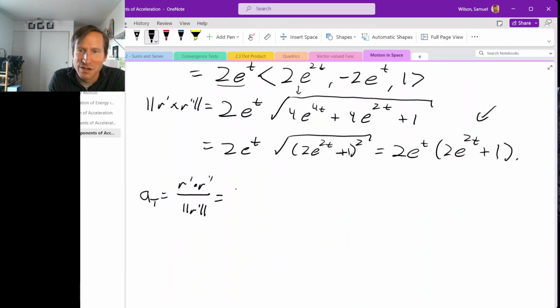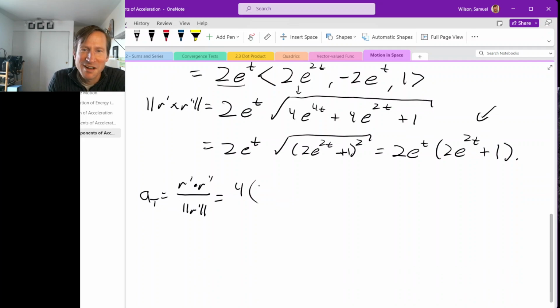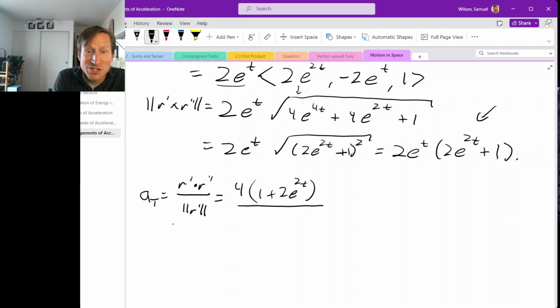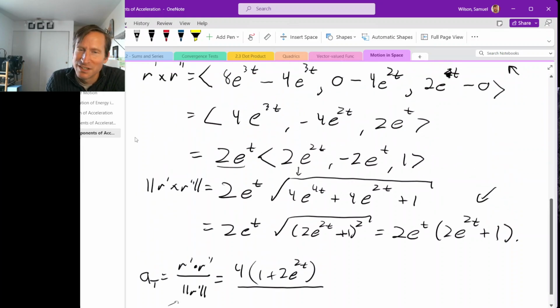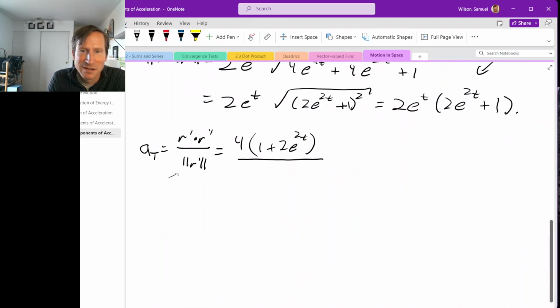So this was 4 times, I'm going to have to scroll back and forth, 4 times 1 plus 2e to the 2t, and then divided by the magnitude, which is up here somewhere. What was the magnitude? Right here, 1 plus 2e to the 2t. Oh, look, nice. This cancels and we get 4.